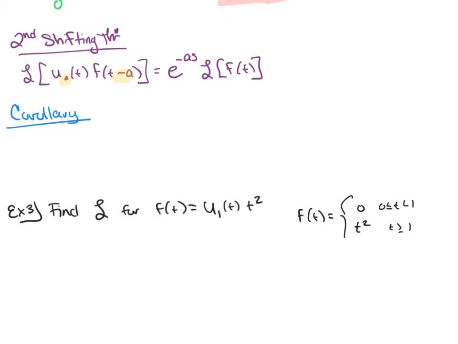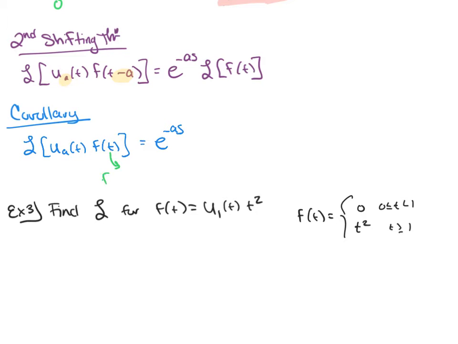So here's what our corollary says that we're going to do in order to compensate for that. It says the Laplace transform of the unit step function at a times just f of t is still equal to e to the negative as, so that's still going to account for our unit step function and the shift. But think about what shift might have happened here.